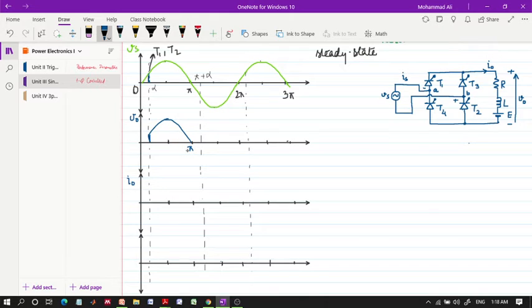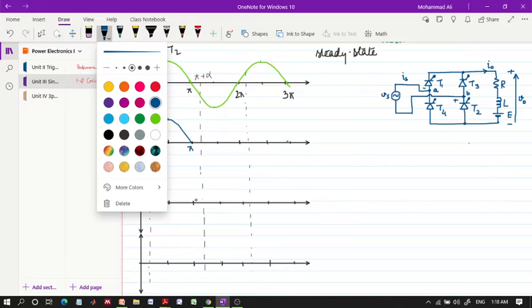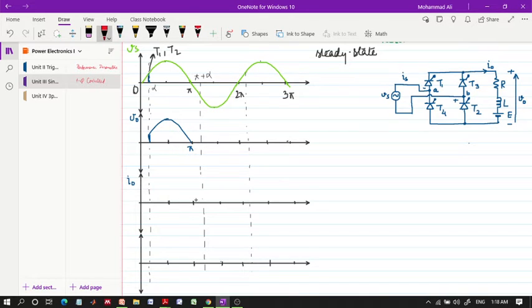That means from this point to this point, that means from alpha to pi, this current should be gradually rising in nature. That means I will draw it like this. Let me draw it with another color, red color, up till here. For example, it is rising up till here, like this.